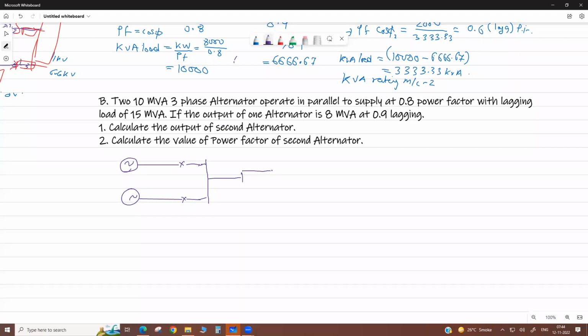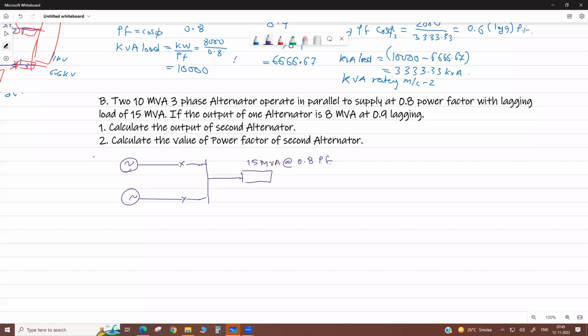The total load is given as 15 mega volt ampere at 0.8 power factor.